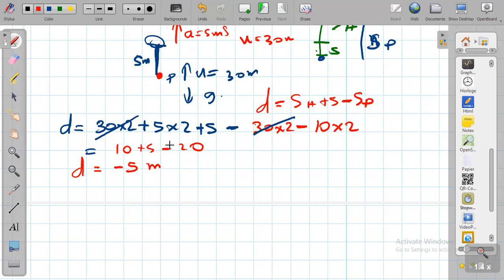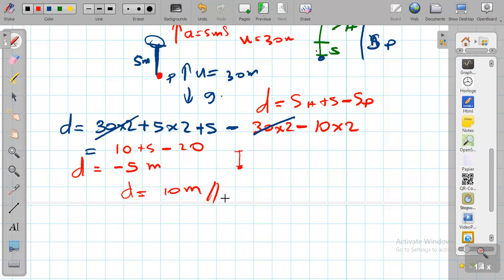Minus 5 means from that position, it moved 5 meters downward. From the helicopter there is a 5 meter distance already, so 5 plus this 5, the total spacing is 10 meters. There is a 10 meter gap between the helicopter and the package now.